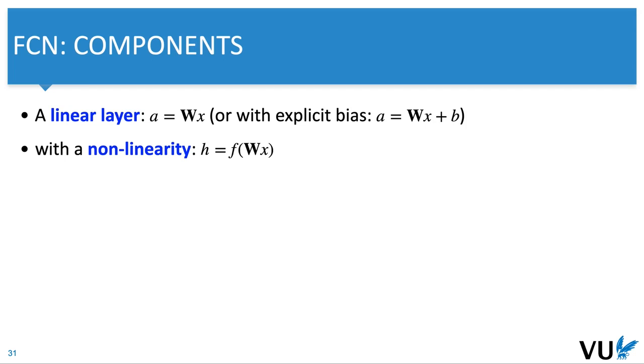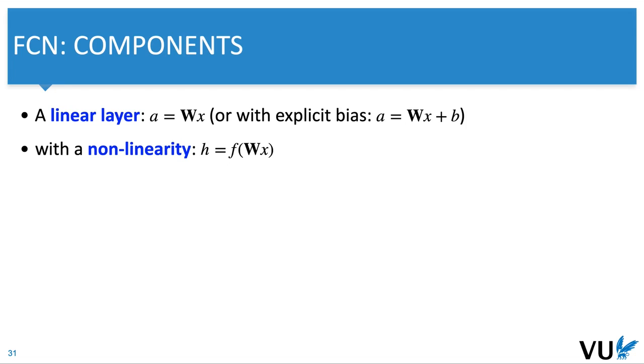Importantly, we showed how we can stack multiple logistic regressions, but what are these basic components? A beautiful fact about neural networks is that they are modular, and we can define these basic blocks and then build from them very complex models. These components are linear layers.